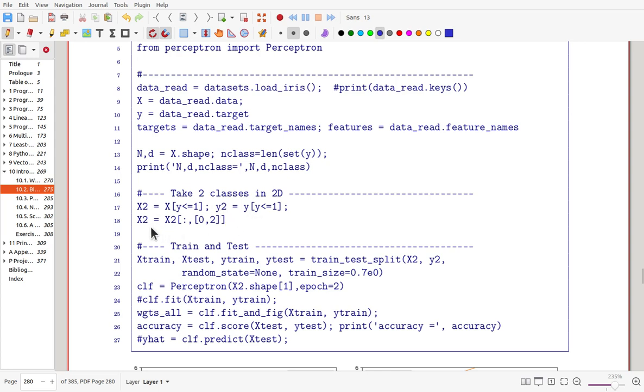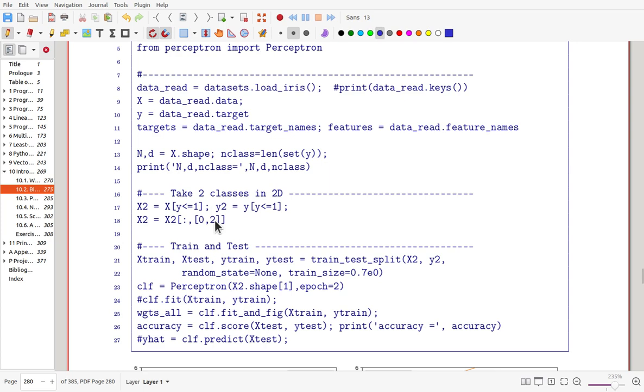Once you have selected the two classes, it still has 4 columns. It's a 4-dimensional data set. Out of that, we choose the first column and the third column to get a 2-dimensional data set.